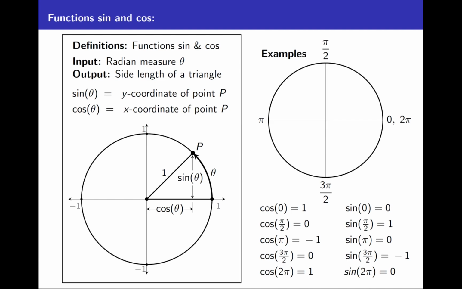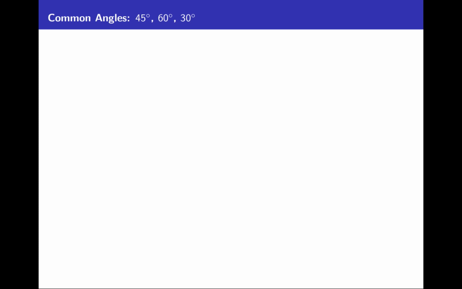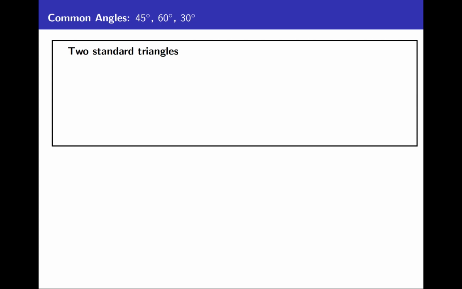Now, of course, you're going to have other angles that are not multiples of pi over 2, and you'll want to compute sine and cosine of them. There's some especially common angles, 45 degrees, 60 degrees, and 30 degrees. Let's talk about them. For these types of angles, you should have in mind two standard triangles.